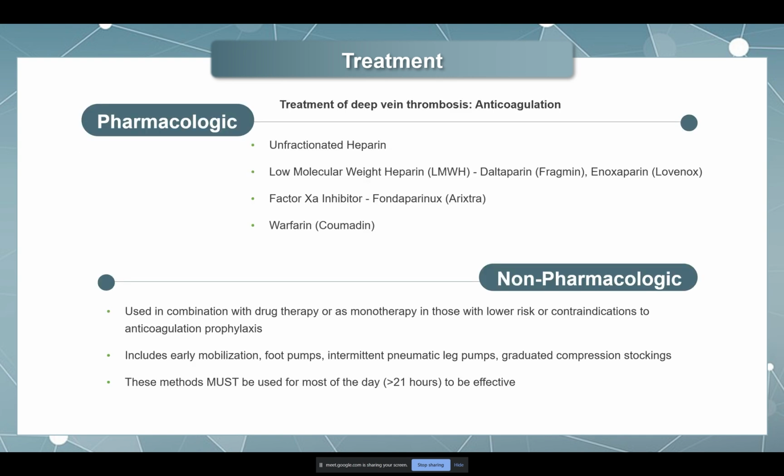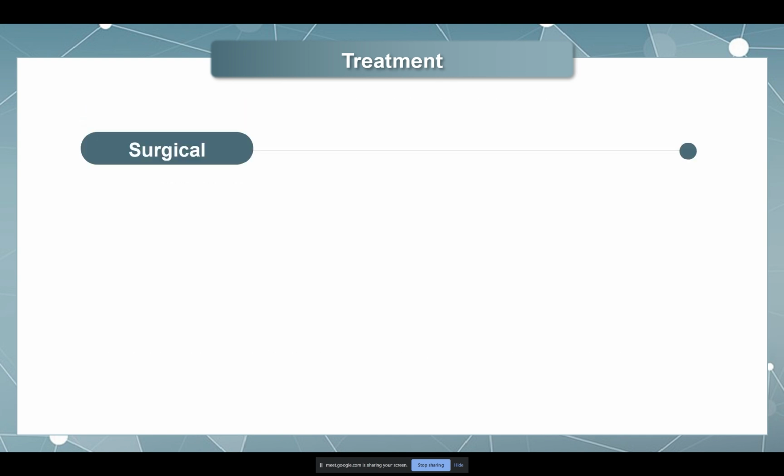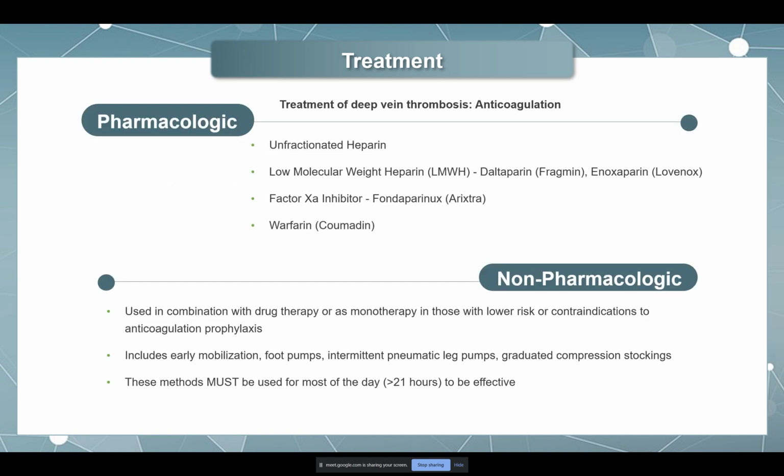Okay. The question is, which one is better for the pharmacological treatment of DVT? Either you want to choose the Clexane or Fonda. Okay. Fonda, actually we have to look at our creatinine also. So with renal impairment, usually we start patient with Clexane lah.